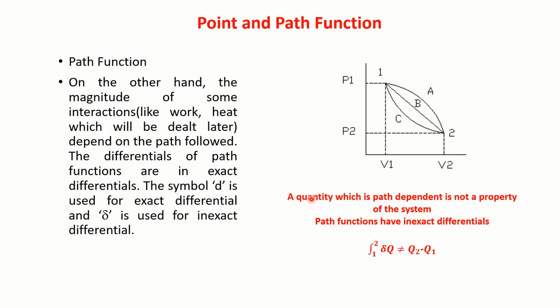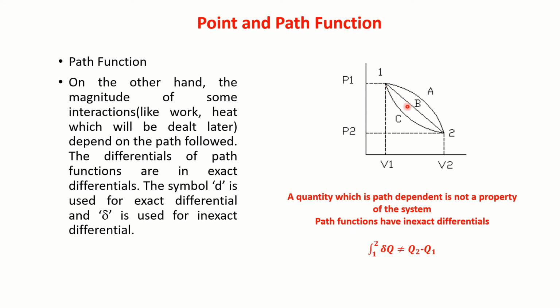Now let us consider something else. Again, there is a state 1 here and state 2 here. The change of state can happen following this path, or this path, or this path. Suppose I want to find out a value that depends upon the area under the curve. Suppose I follow this path and this is the area.